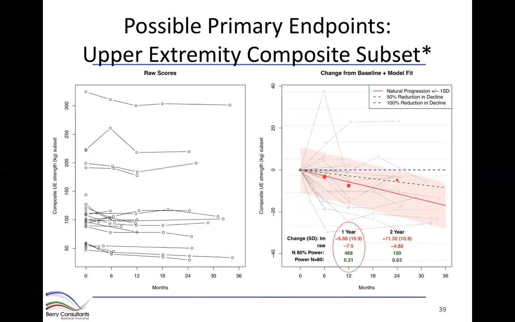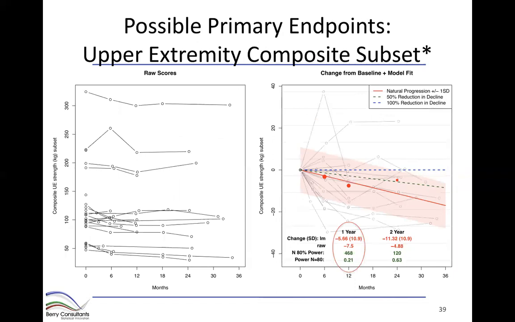Another single endpoint that has been done before is the upper extremity composite. Essentially, what this does is look at the QMA I showed before and sum across all the upper extremity muscles. And this was actually the primary endpoint in a recent phase 3 trial that Ultragenyx did in GNE myopathy.